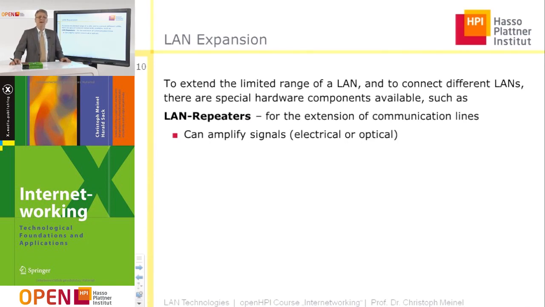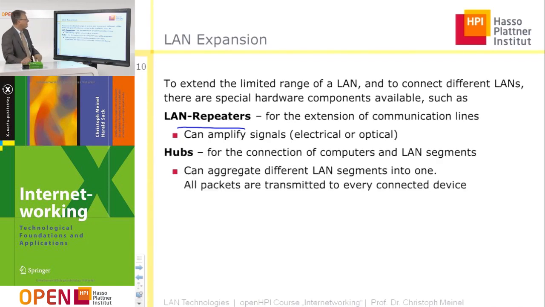To this hardware, for example, belong the LAN repeaters. With repeaters, it is possible to extend a communication line, and the technique behind it is that the electrical or optical signals that become weaker and weaker over a long distance are amplified, are refreshed.